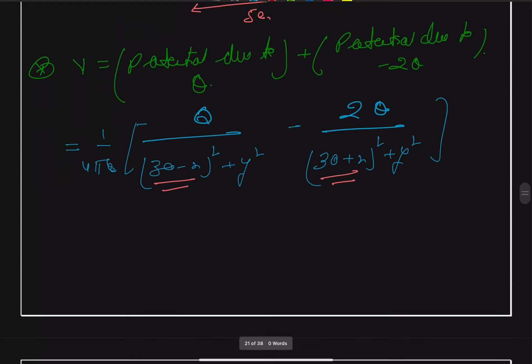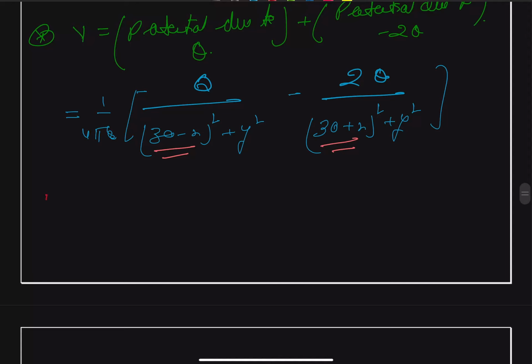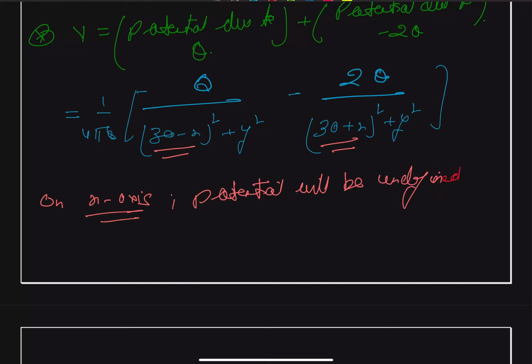So we can say on the x-axis potential will be undefined at x equal to 3a as well as x equal to minus 3a.